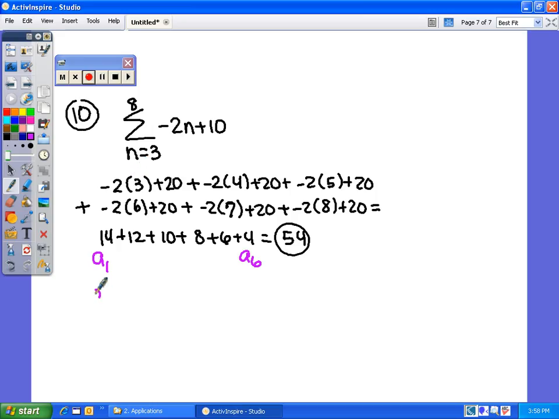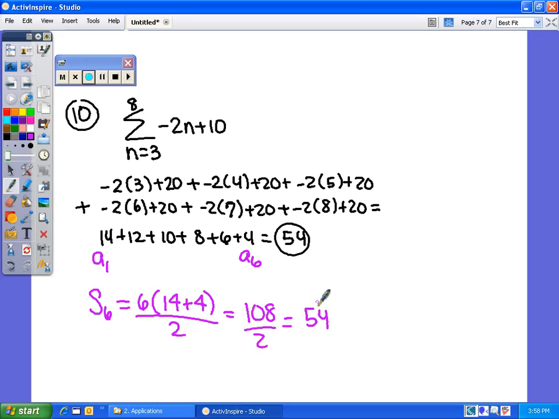So it does work out that you could solve it, just changing that to a sub 1 and a sub 6, even though we started at 3.